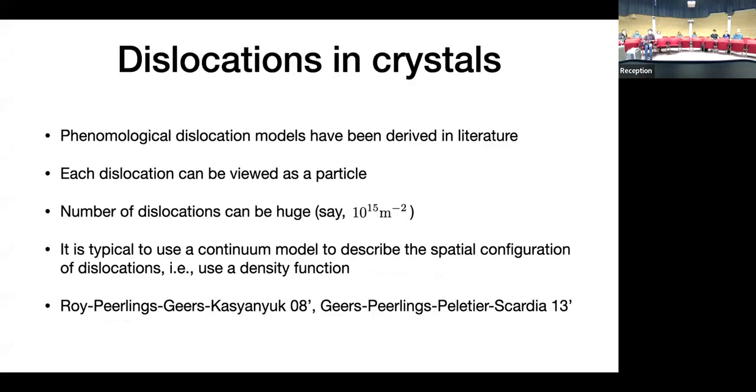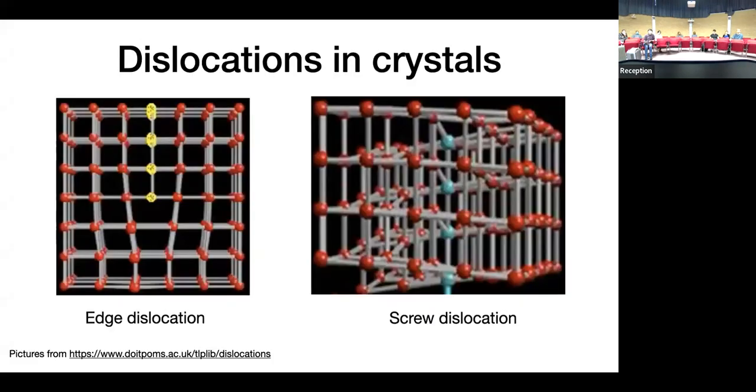This is very natural for dislocations because a single dislocation has an orientation, and if you have two dislocations, their interaction behaves very differently if they are along the vertical direction or perpendicular to the vertical direction.